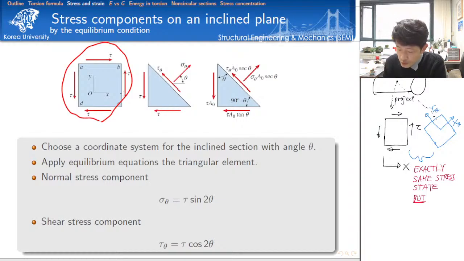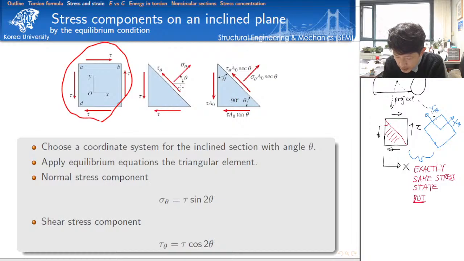So we'd like to calculate the stress components using the force equilibrium condition. Let's consider a small part of this section here.